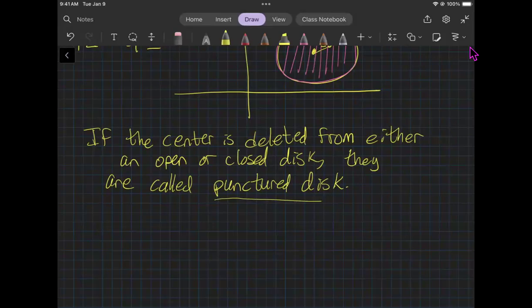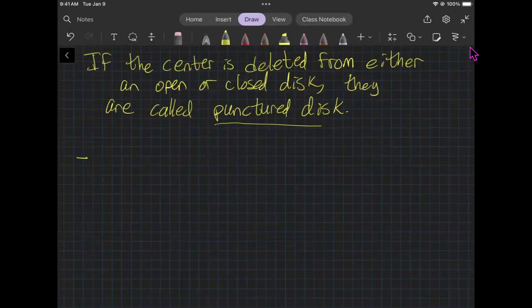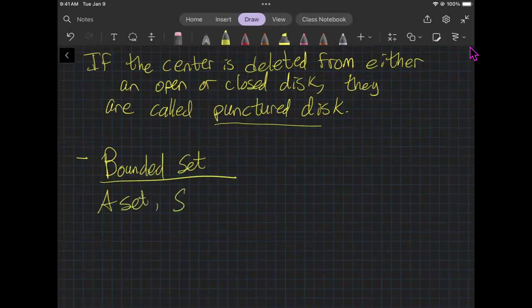All right. So the last couple of definitions is what's called a bounded set. A set S, this is what's called a subset. So this is a subset of the complex plane, right?